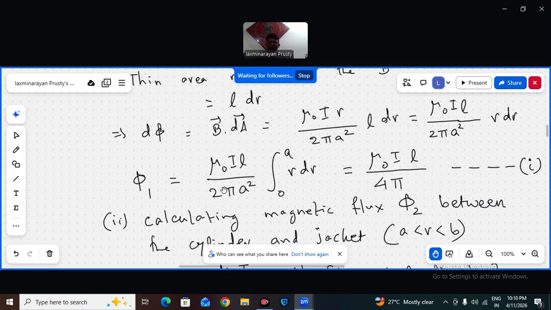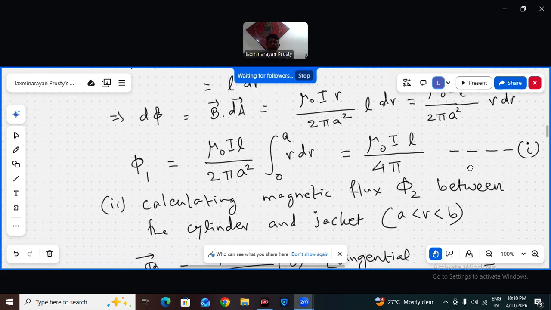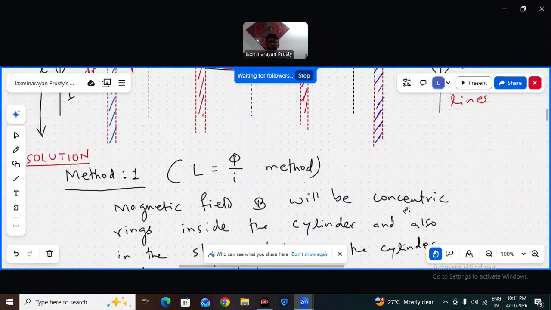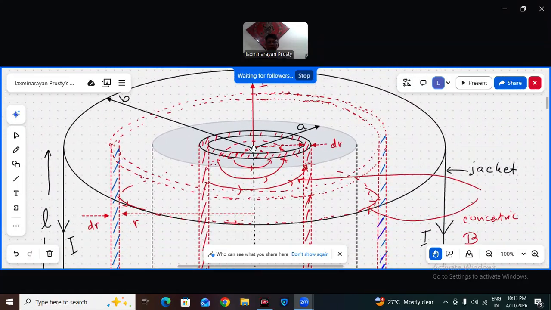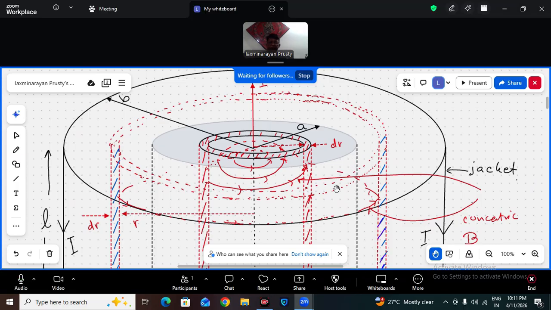Mu naught I L by 2 pi a square, r dr integration 0 to A. So ये होगा a square by 2. A square cancel, it becomes 4 pi. Mu naught I L by 4 pi. Okay, this is the flux through the area inside this cylinder.